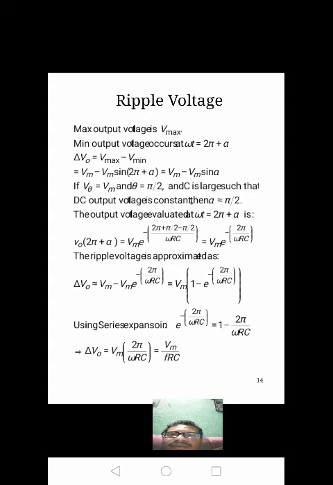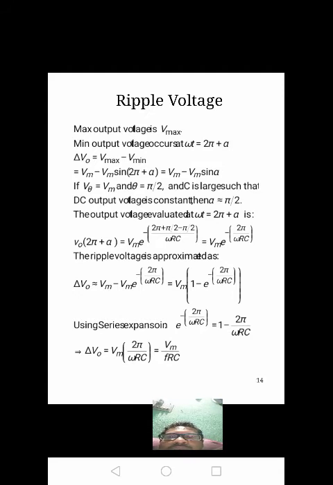If V theta is equal to Vm and theta is equal to pi by 2, and C is large such that the DC output voltage is constant, then alpha is equal to pi by 2.